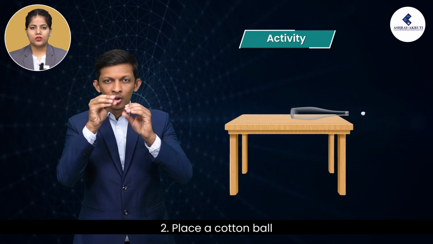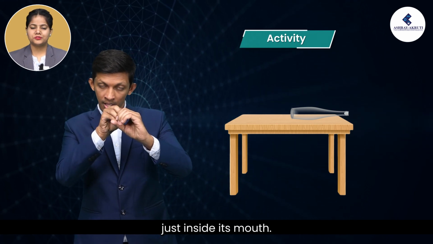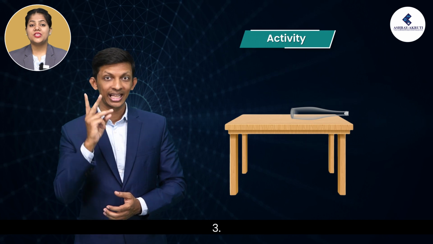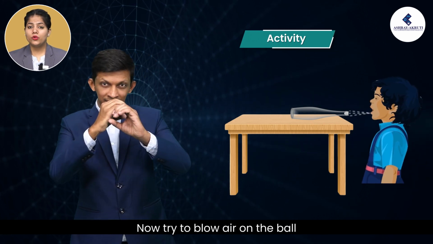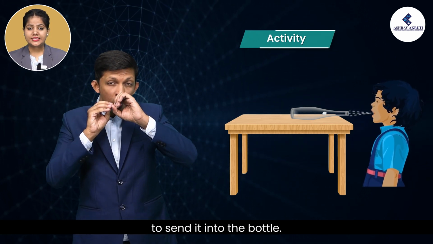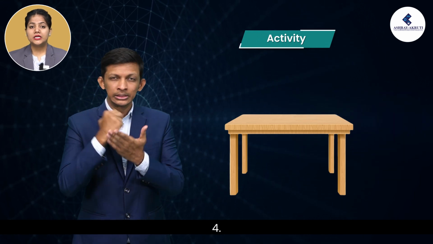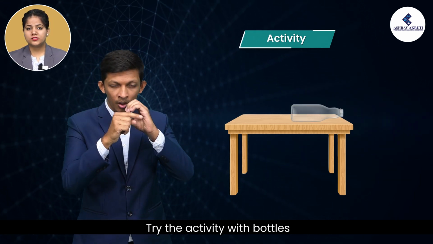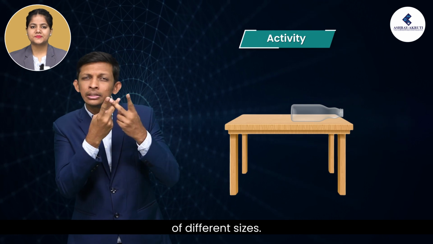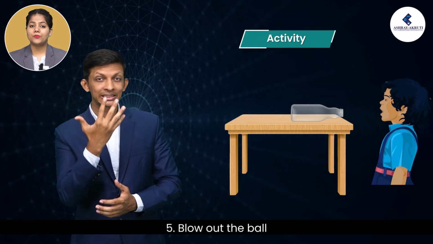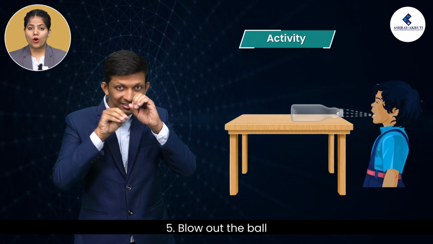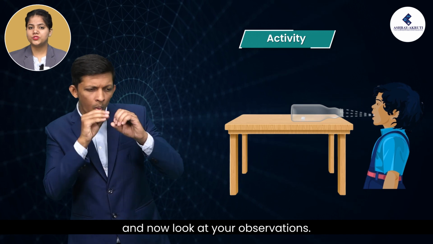Place a cotton ball just inside its mouth. Number 3. Now try to blow air on the ball to send it into the bottle. Number 4. Try the activity with bottles of different sizes. Number 5. Blow out the ball and now look at your observations.